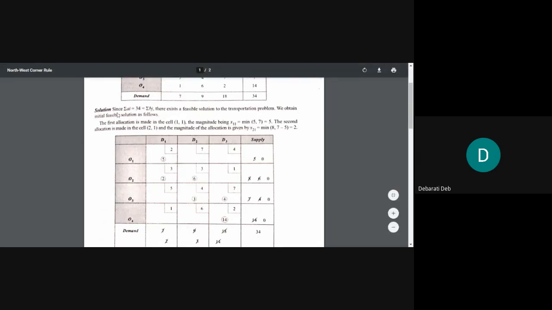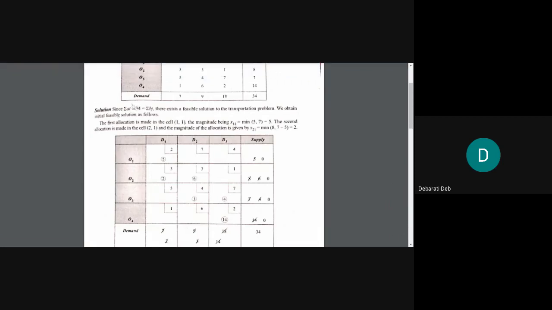But here in the solution, you write: since summation A_i, with i in the subscript, equals 34, equals summation B_j, with j in the subscript.